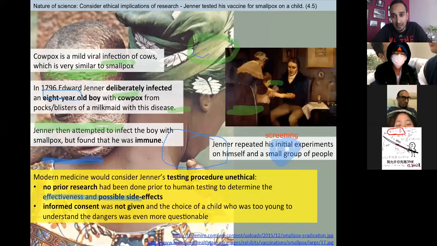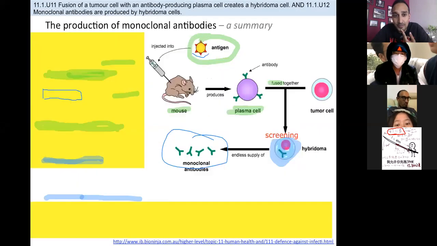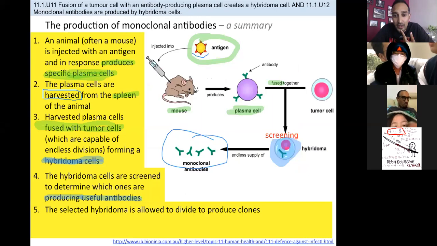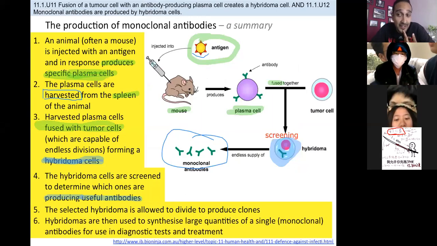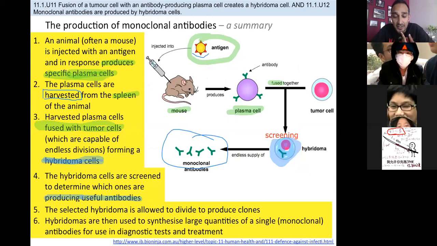If it's a deadly pathogen, it might die. But hopefully, they're just using the antigen itself that's weakened or damaged, so that it doesn't have its full strength. The point is, and you bring up a good point, the ethics of animal research.